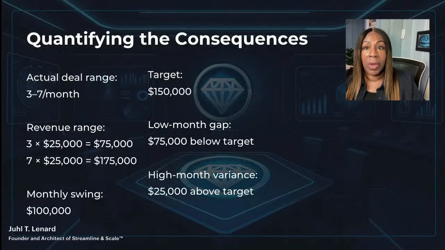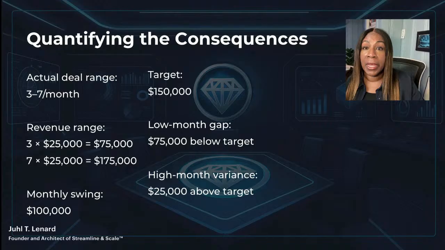Now, quantifying the consequences of the misdiagnosis. So the actual deal range is 3 to 7 per month. We established that. So the revenue for that, if we get 3 deals, it's 75,000. If we get 7 deals, it's 175,000.